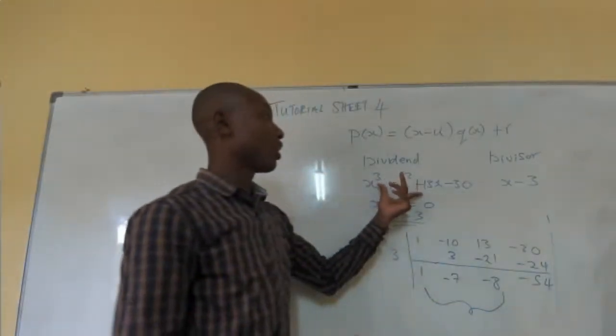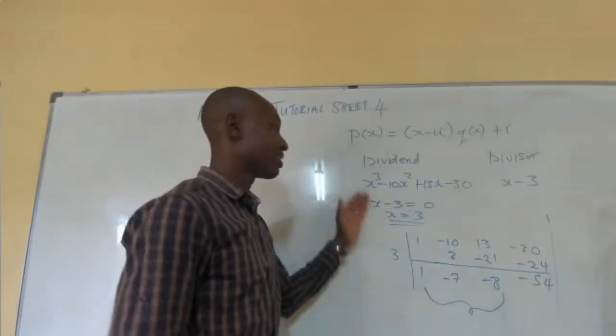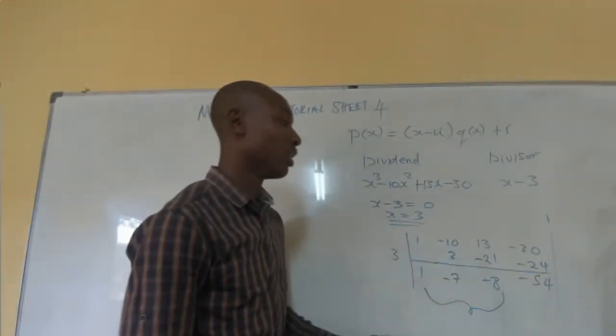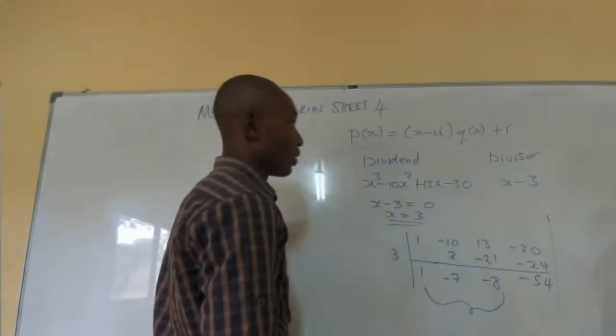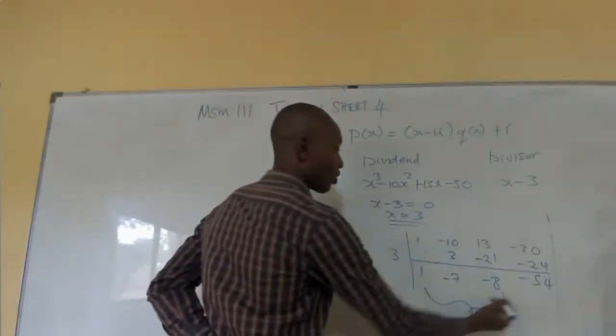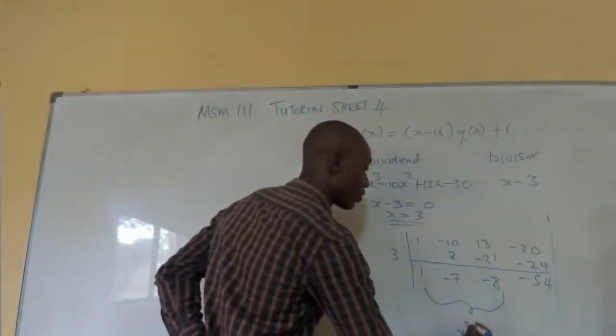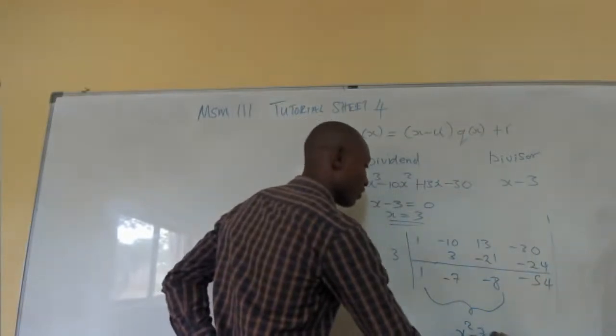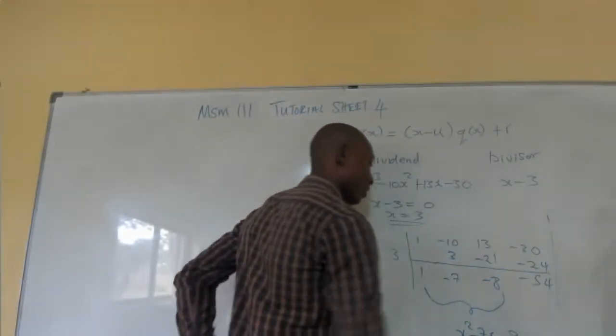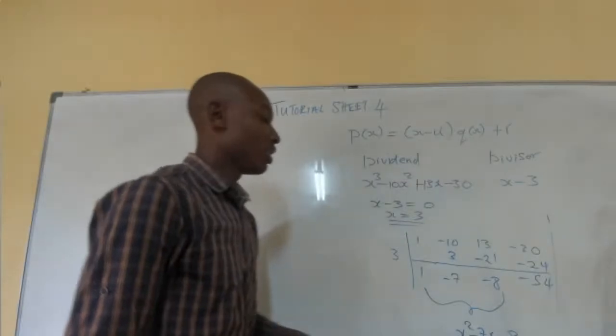Since we're dealing with a cubic function and we've divided, this has reduced to a quadratic function, which is x squared minus 7x minus 8.